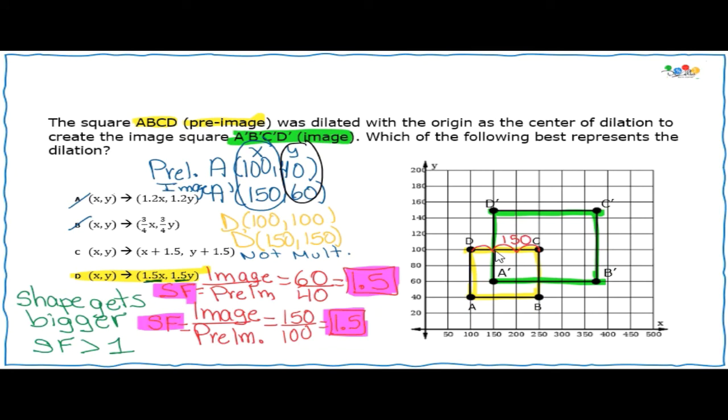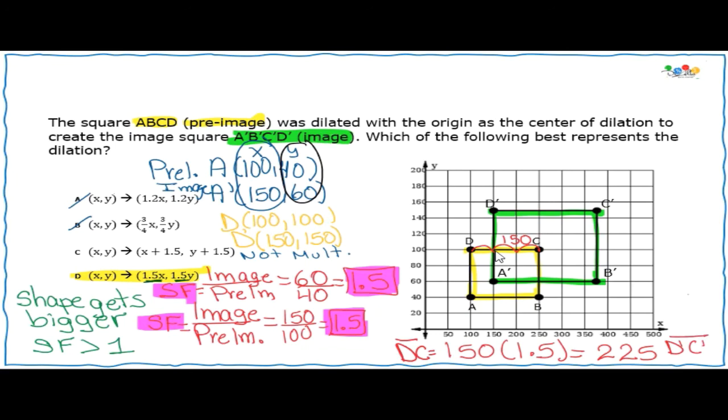So DC is 150. Is that right? And I'm going to multiply 150 times the scale factor, which is 1.5. If you multiply 150 times 1.5 in the calculator, you will get 225. So 225 will be your D prime, C prime line segment.